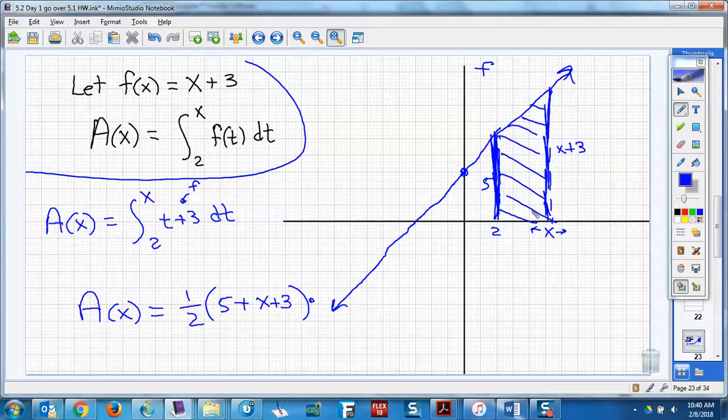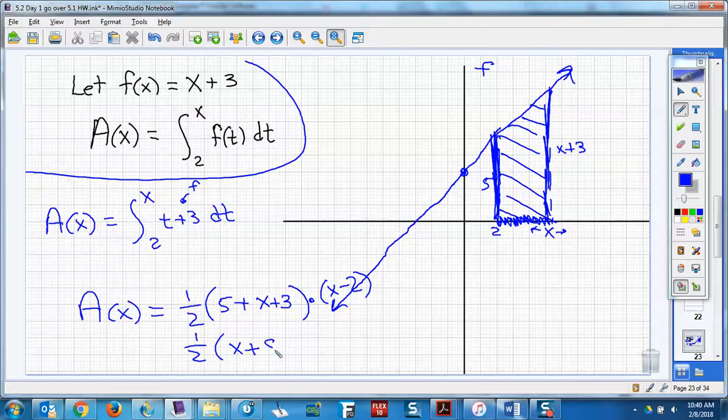And then we got to times that by this base down here. No, x minus 2. It's this minus this. If this was at 8, that would be a distance of 6. 8 minus 2. So it's x minus 2. So let's put that all together and simplify it a little bit.